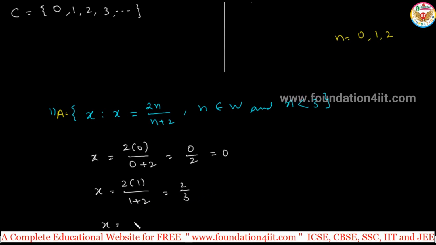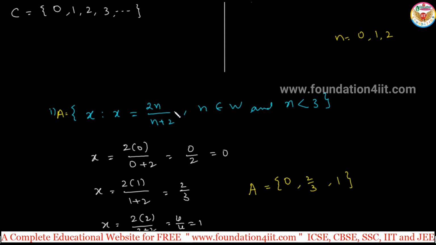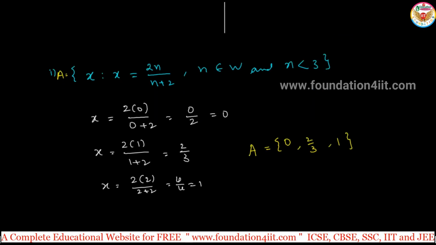Again x is equal to 2 into 2 by 2 plus 2, so 4 by 4, that is 1. We got 0, 2 by 3 and 1. Now we can represent this in the roster form, that is A equals 0, comma, 2 by 3, comma, 1. This is the formula method or statement we are making into roster form. Just simplify the values, and if anything is given in this way you can do it.